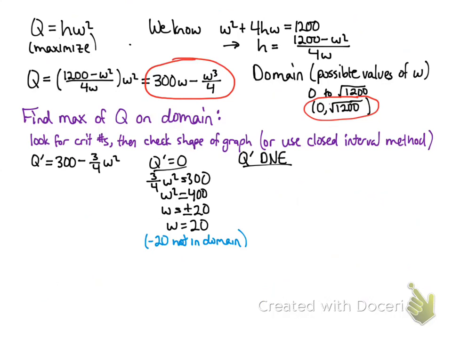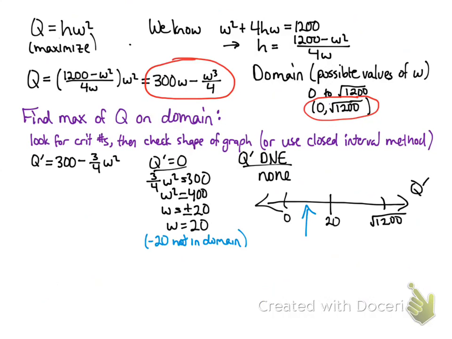All right. Q prime does not exist, on the other hand, never happens in this case, because q prime is a polynomial, and polynomials always exist. Okay, so here's our q prime number line. The critical number is 20, that's the only one, and here I'm going to mark the beginning and end of my domain, 0 to the square root of 1200. So I have two intervals to check. In the first one, if w is a number between 0 and 20, then q prime is 300 minus 3/4 that squared.